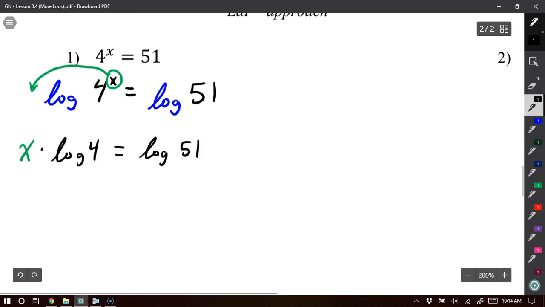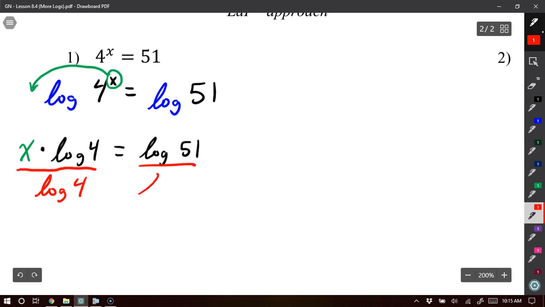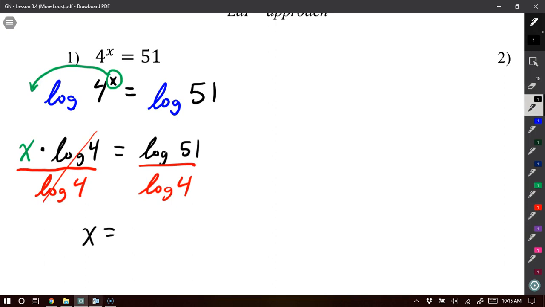Now, the reason why I like to write this dot for times here is because that allows me to see the next step. If I want to solve for x, I want to get rid of the log of 4. So I'm going to divide by the log of 4 on both sides. And that allows me to get rid of the log of 4 on this side. And I am left with x equals, it looks like I'm going to need my calculator for this.